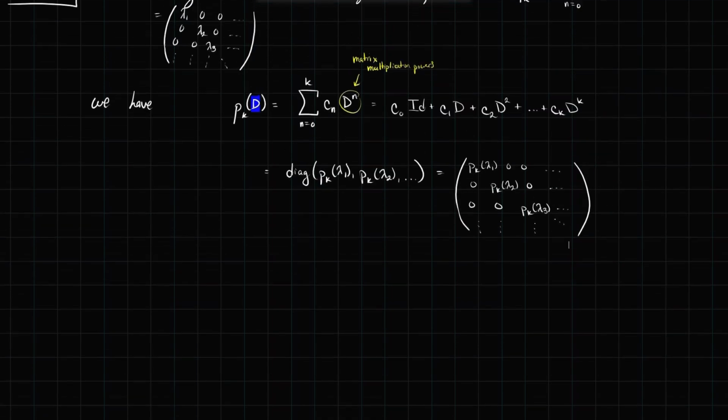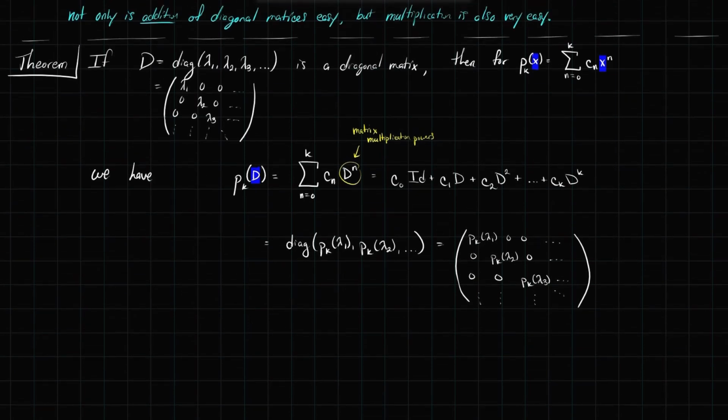And so that's really nice because it says you can do this with polynomials. It's such a stronger statement. All you have to do is apply polynomials to numbers. Maybe I'll make the remark here.